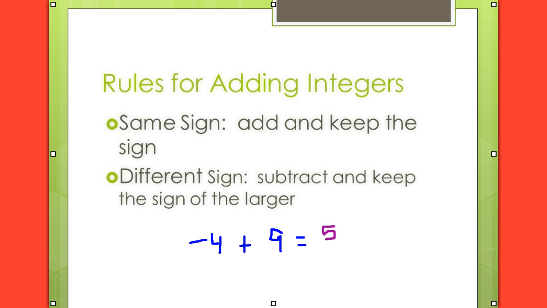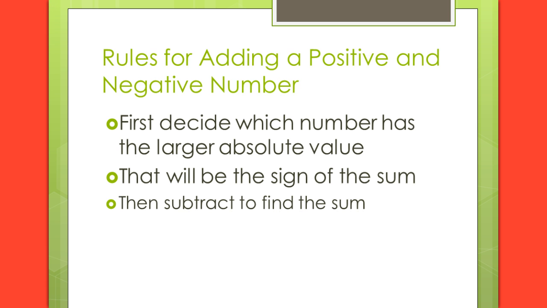We write 5. We do not put the negative sign there because 9 has a larger absolute value than negative 4. It's further from 0 than negative 4 is. And that's all you have to do when you have different signs. Subtract and keep the sign of the larger.